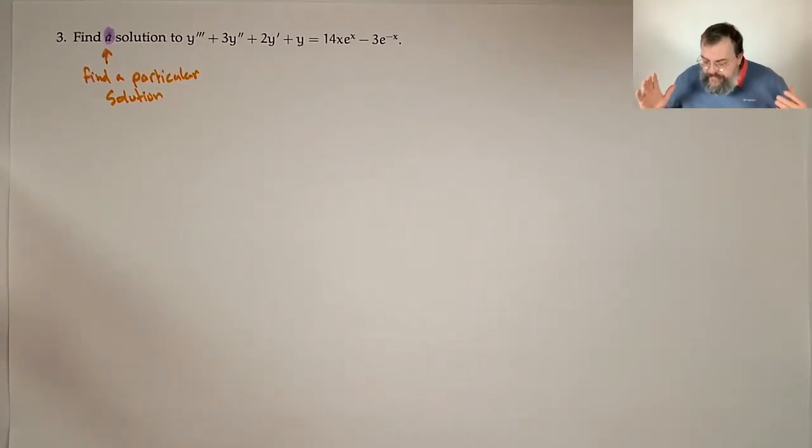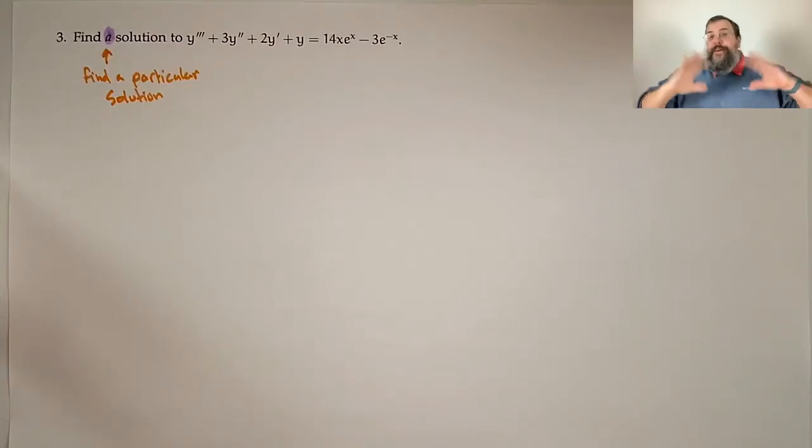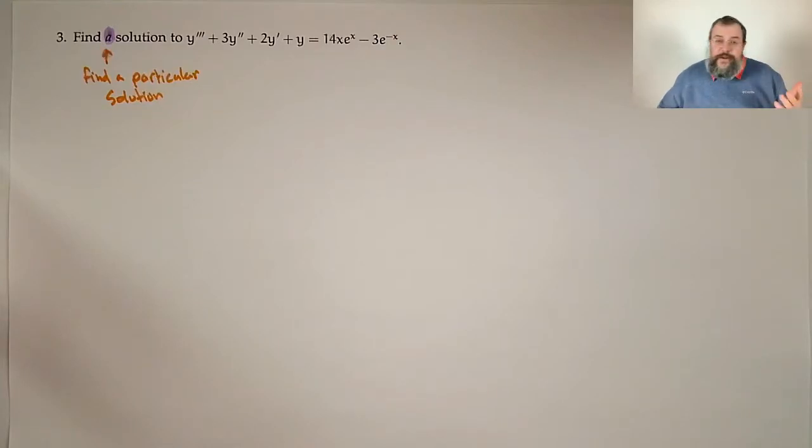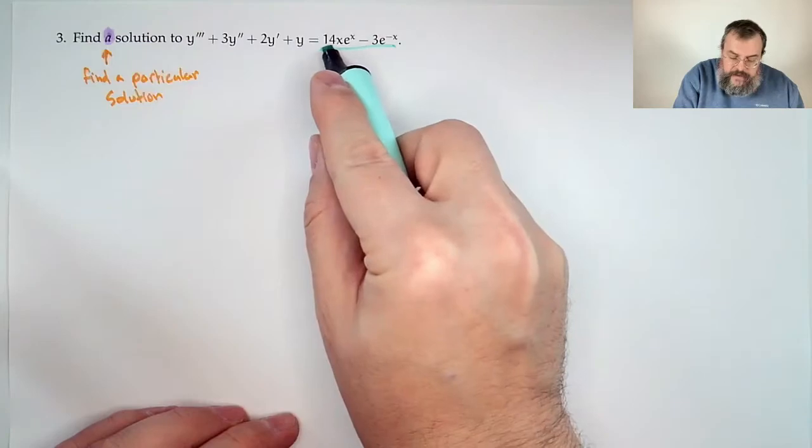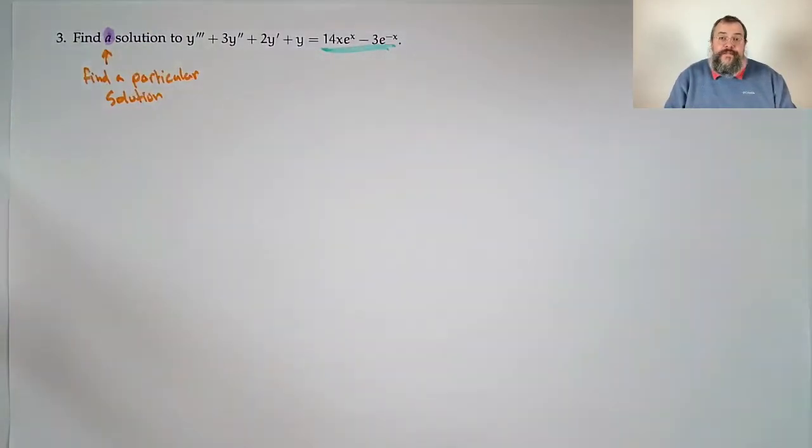Okay, so our mindset is now, if it's not variation of parameters, it's non-homogeneous. And we should have said, okay, it's non-homogeneous because, well, you have this part over here. That's telling us it's non-homogeneous. We're doing method of undetermined coefficients. So here's the basic idea.